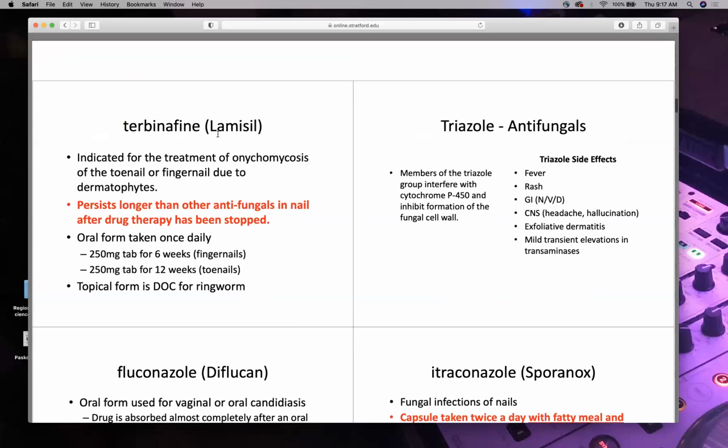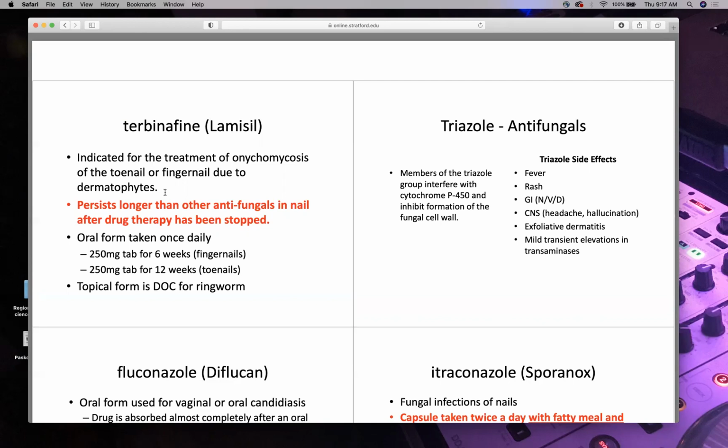Terbinafine, Lamisil, very, very popular. It's used for fingernail infections. So make sure that when you go to a good nail place, they're up to code and they're clean, because remember, on your skin you have these little bugs called dermatophytes.